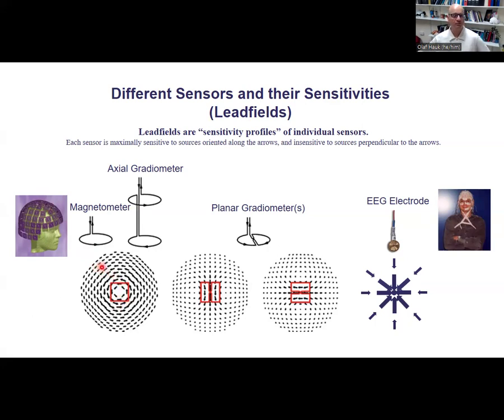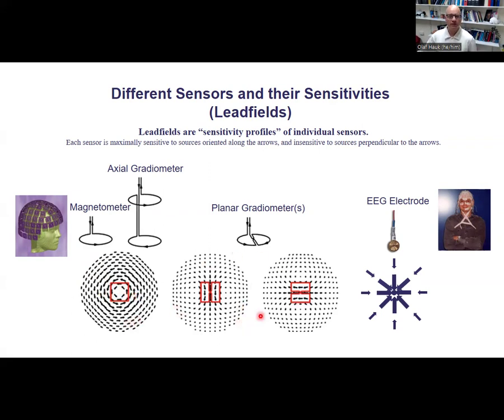So in this case, with a simple magnetometer, if this dipole would point directly towards the sensor, this sensor would not pick up any signal from this dipole. And when it's tangential like this, then it has maximum sensitivity. And interestingly, with magnetometers, if the dipole is hiding directly underneath the magnetometer, it wouldn't pick up anything either, because then the magnetic field above it would be zero.